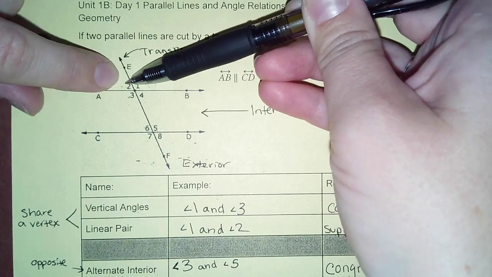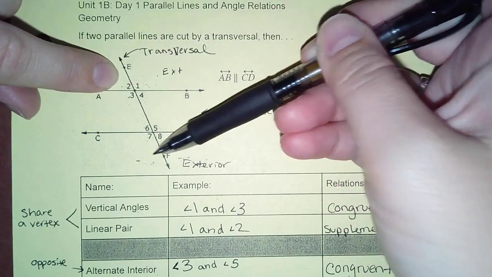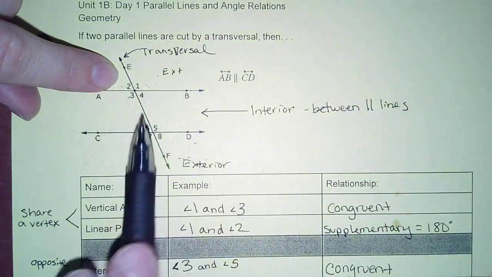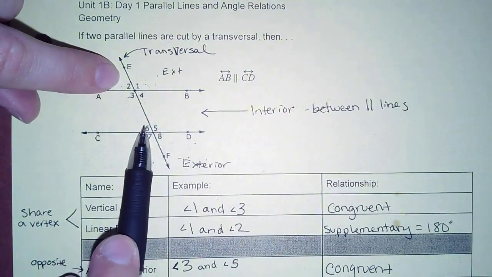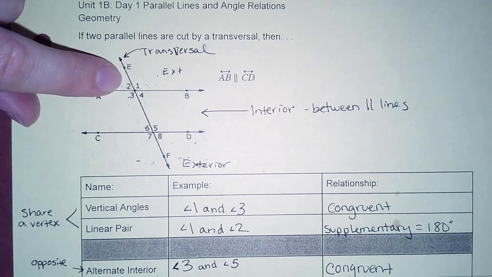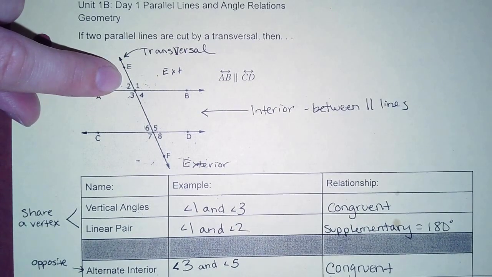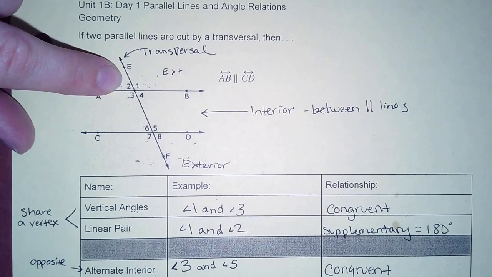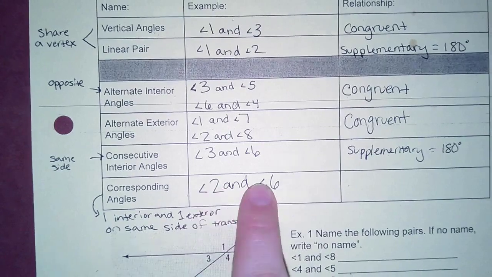So I'm looking on the left side of the transversal and on the interior now. So here's my transversal, left side, interior would be 6. So angle 2 and angle 6 would be corresponding angles. 2 and 6. So we're looking at which one's kind of in the same place.